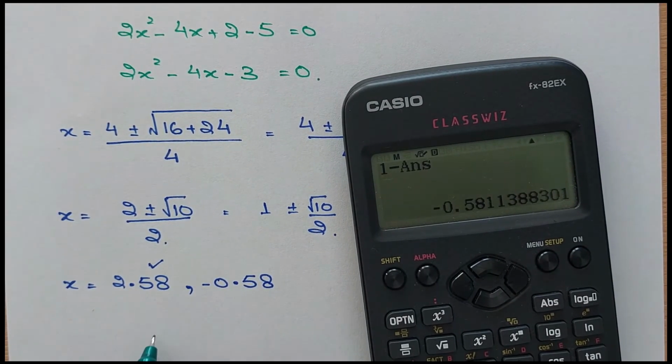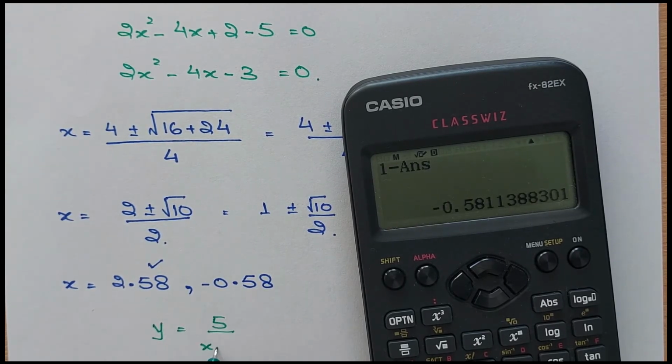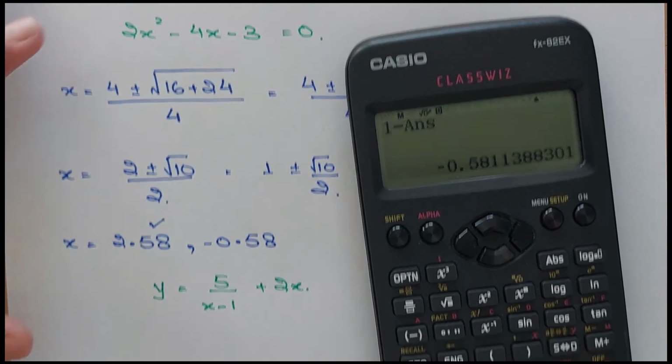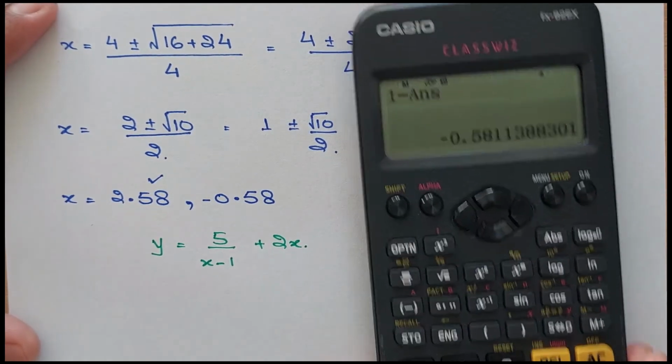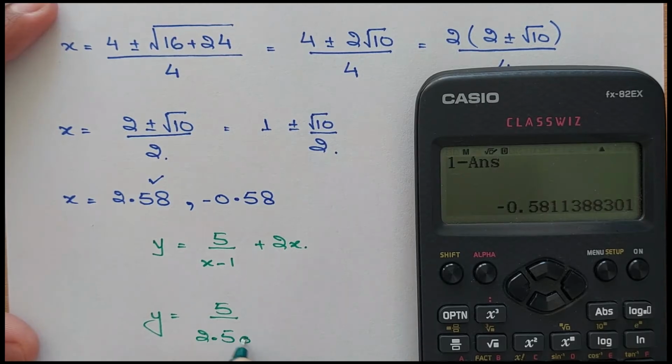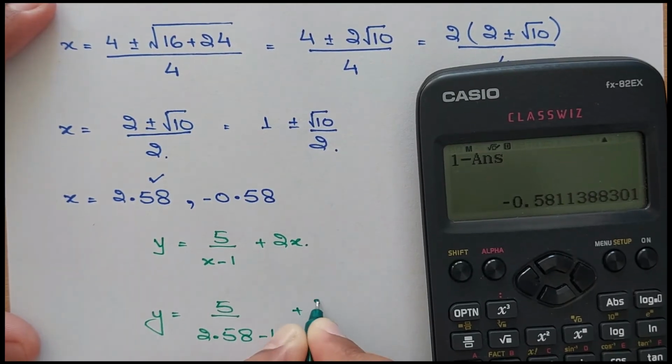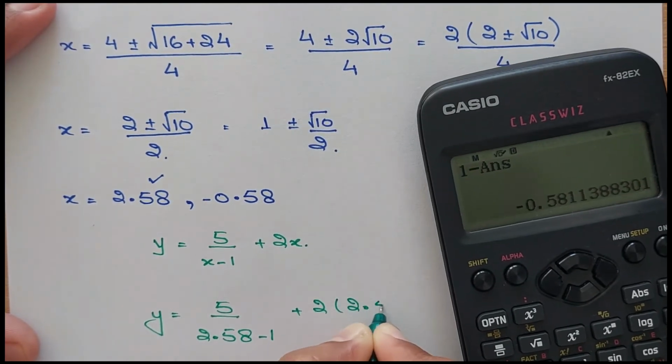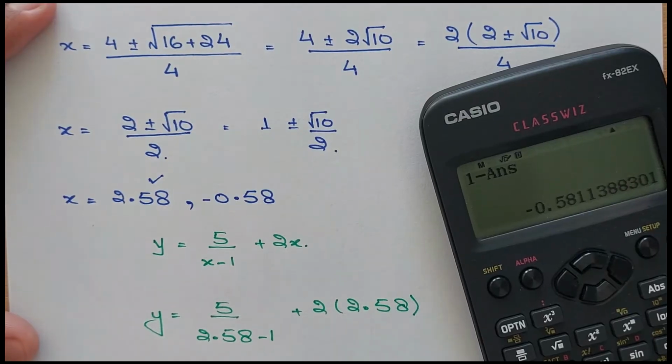So we have the curve y equals 5 over x minus 1, plus 2x, right? So let me substitute the x value here. So y equals 5 over 2.58 minus 1, plus 2 times 2.58.